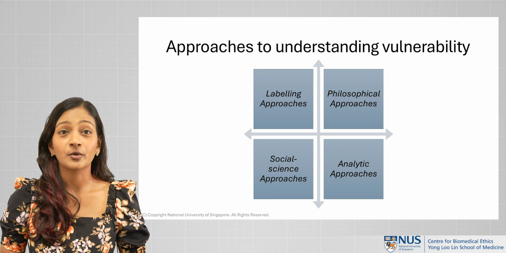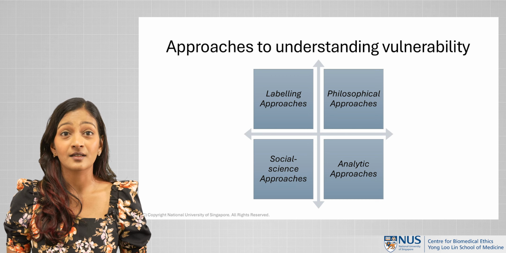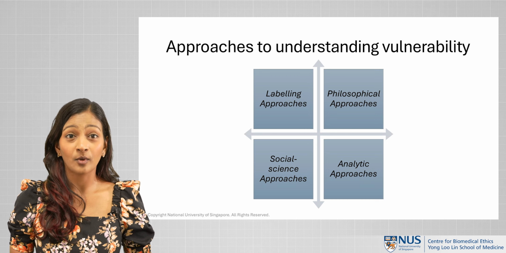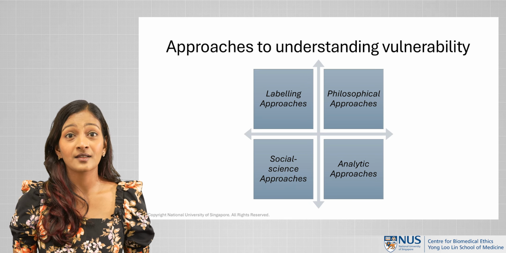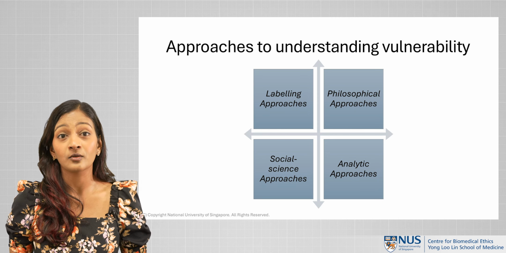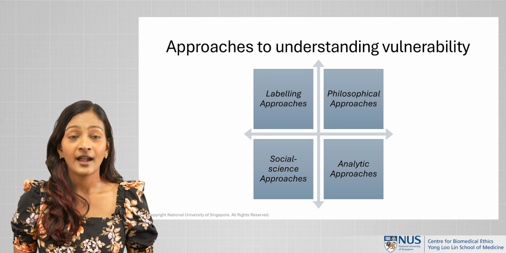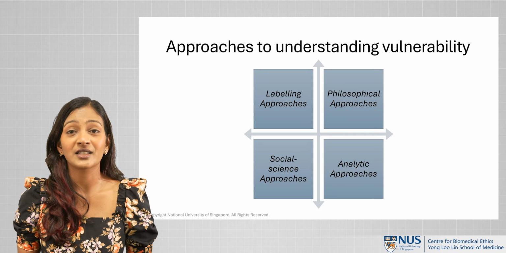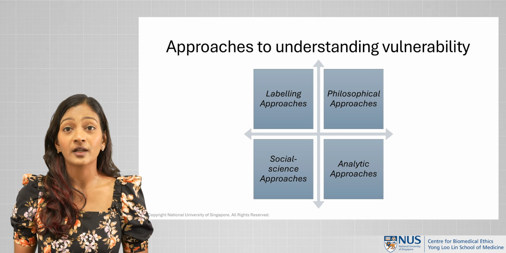Under the analytical approach, the focus is on sources, reasons, and consequences, rather than identifiable populations. And these sources or reasons and consequences are centered around specific risks such as abuse, exploitation, violation of autonomy, etc. And the focus is on listing these specific risks so that we can know which population to actually look at.